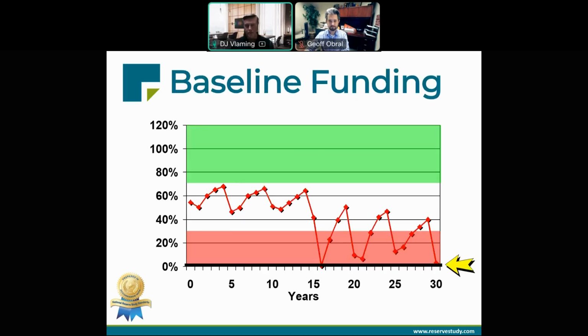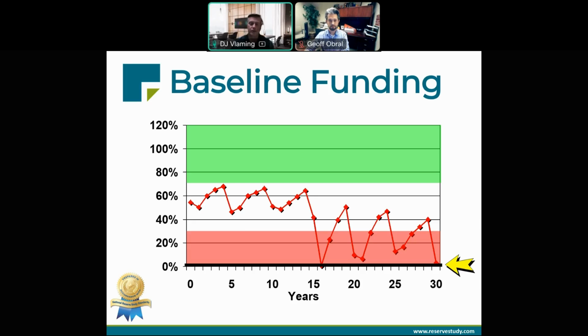Now here's the same association, but we've slightly reduced the reserve transfer rate to illustrate pursuing a baseline funding objective. A baseline funding plan is still supposed to provide enough reserves to complete reserve projects on time. So don't make the mistake in thinking reserve transfers can be significantly reduced by pursuing this objective.